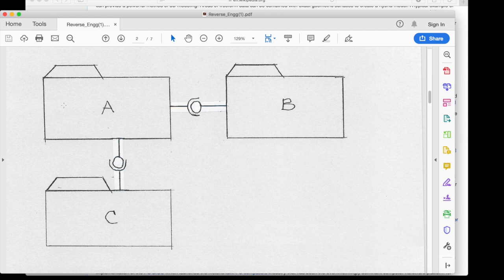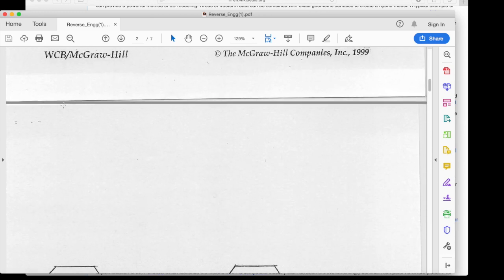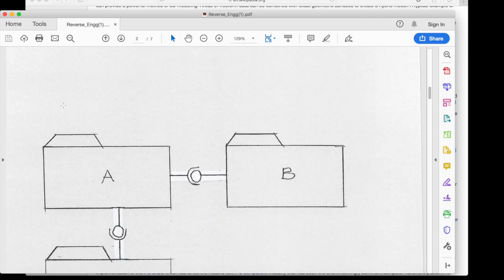So this becomes a completed diagram from the reverse engineering of the class diagram that you have.